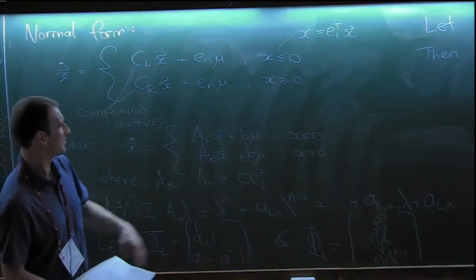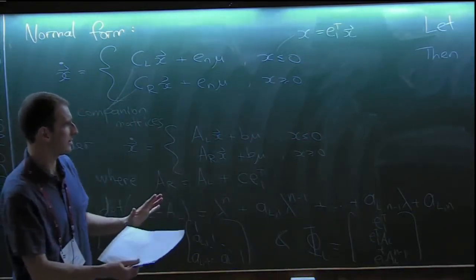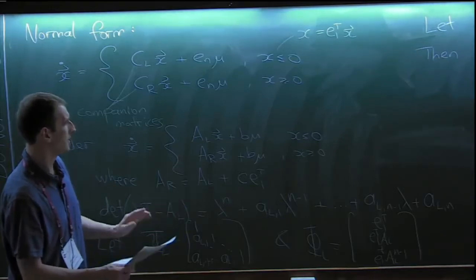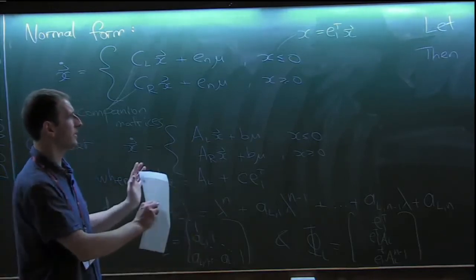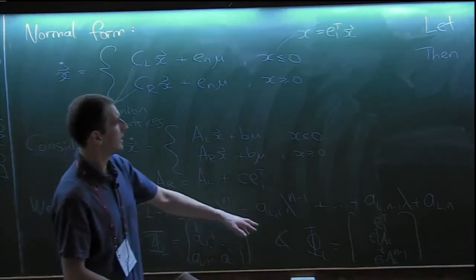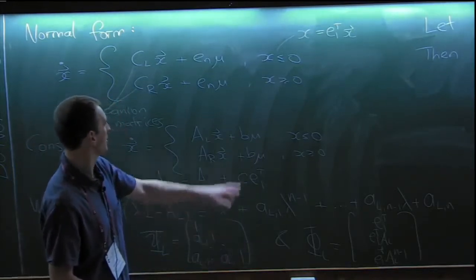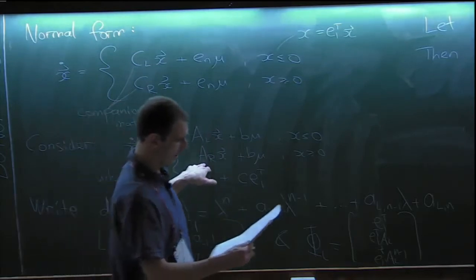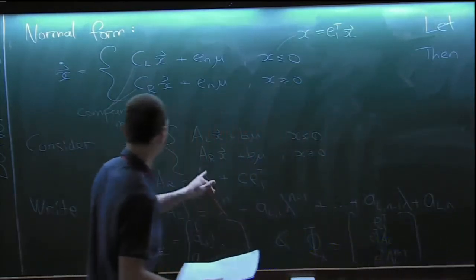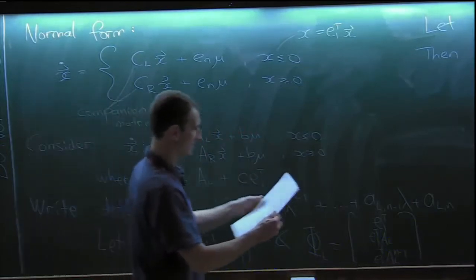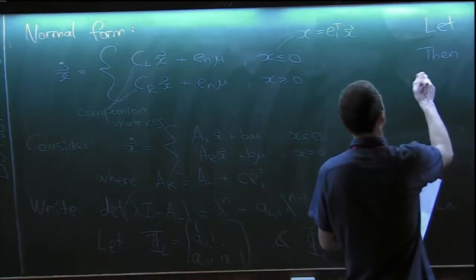Okay, so what about AR? So this is where things are different to the discontinuous case. The point is that we have to do the same coordinate change on the left and on the right. So I've got to apply the same matrix Q to AR. And hopefully I'll get CR.